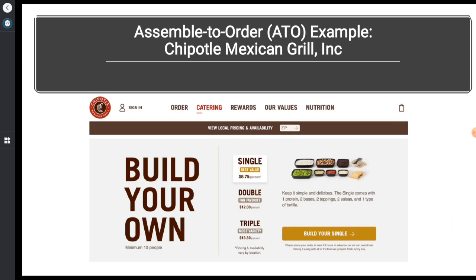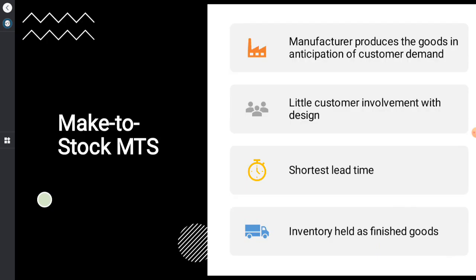And now let's move on to the fourth and last manufacturing strategy, make to stock. In make to stock, the manufacturer produces the goods in anticipation of the customer's demand.